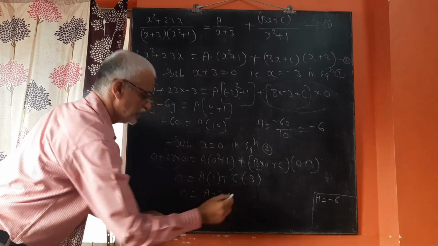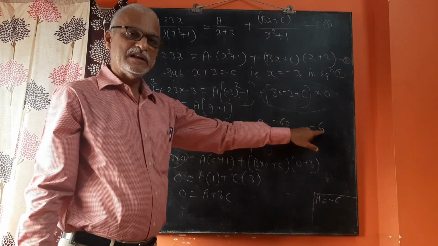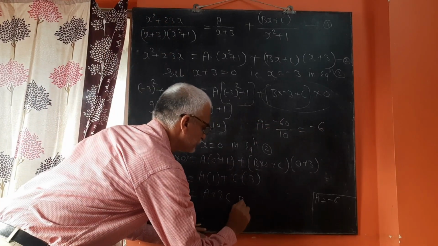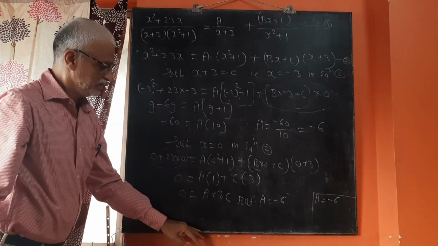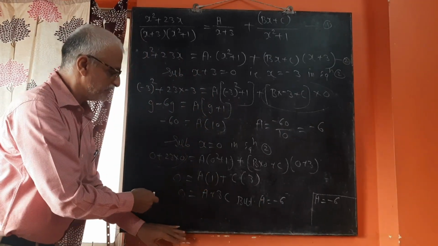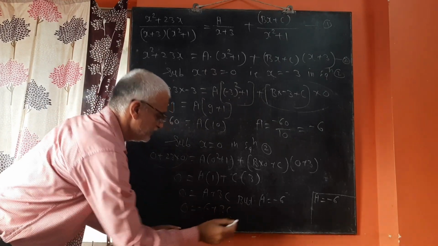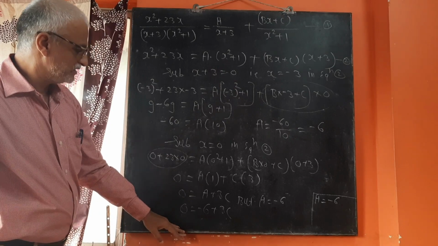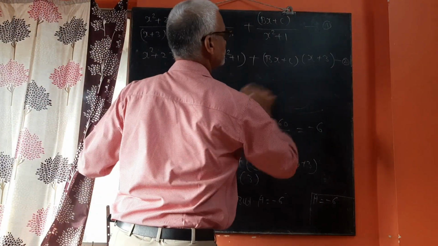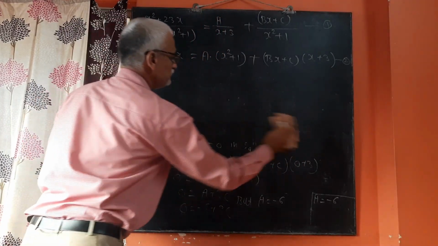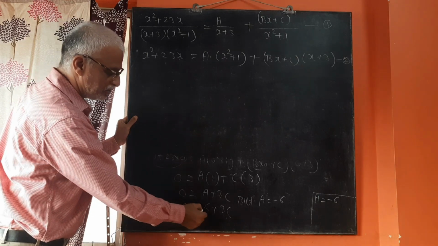So 0 equals a plus 3c, but we have got the value of a equals -6. Substituting a equals -6 there, you get 0 equals -6 plus 3c.